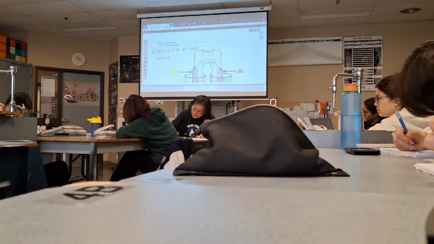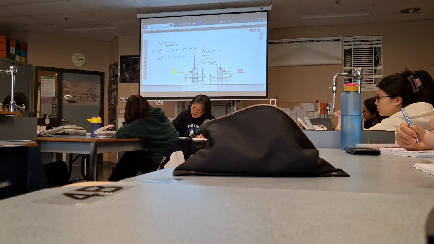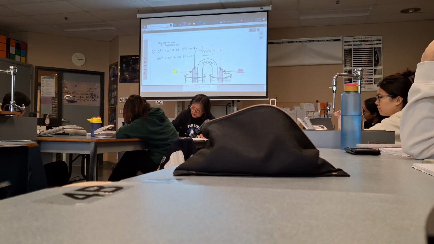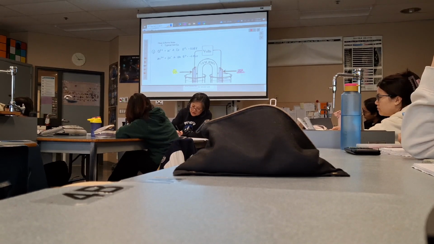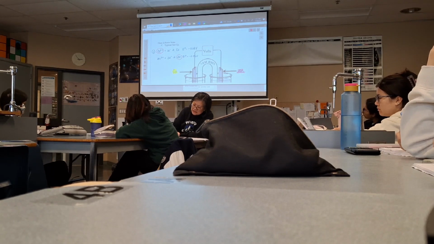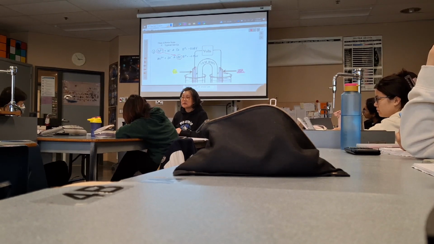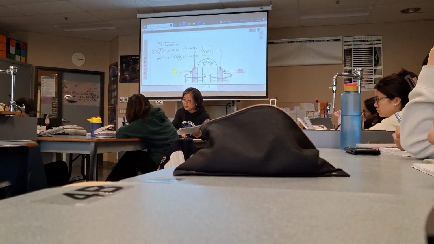Zinc 2+ plus 2 electrons gives me zinc, and my E naught over here is negative 0.76 volts. And we had just concluded that it is going to be the Co2+ and the zinc that are going to want to engage in a reduction and oxidation reaction.